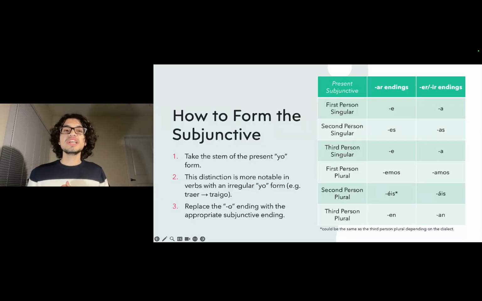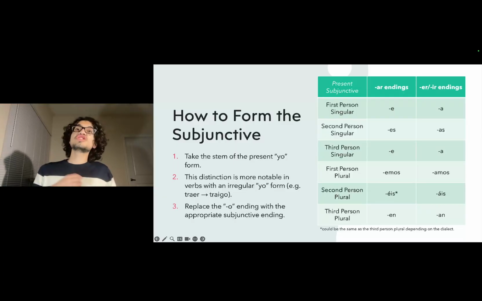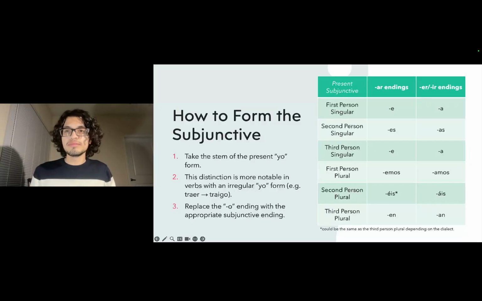And we are going to replace that O with the appropriate subjunctive ending. Since traer is an ER verb, we are going to use the endings on the far right column on the graph. A, as, a, amos, áis, an.